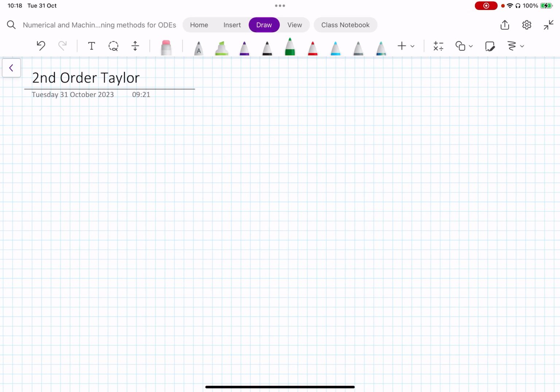So now I'm going to set up the second order Taylor. Once again, we have to start with our function. So the general second order Taylor is of the form that w_{i+1} is equal to w_i plus h times f(t, w_i) plus h squared over 2 times f'(t, w_i). So that's our general second order Taylor.